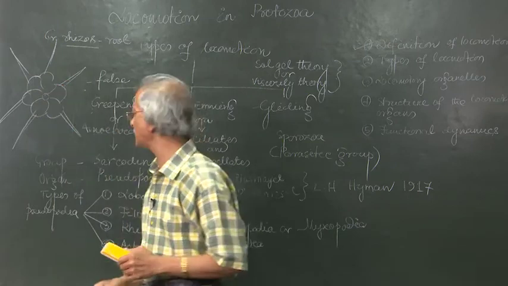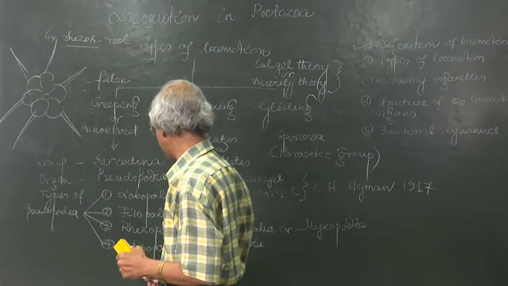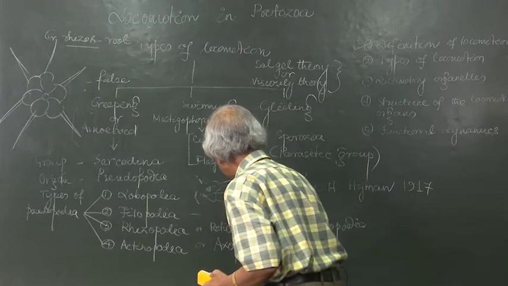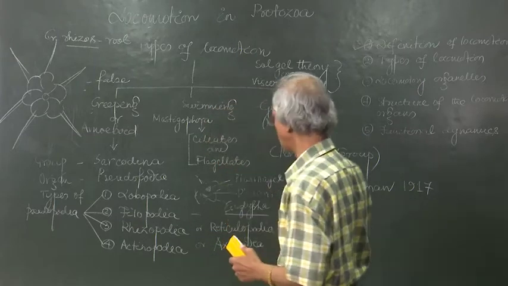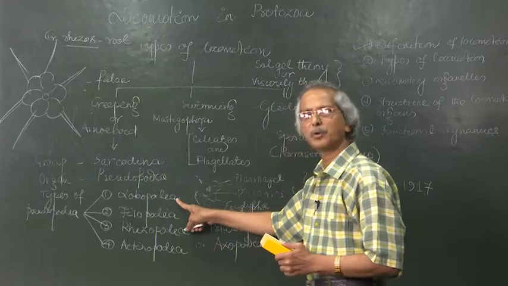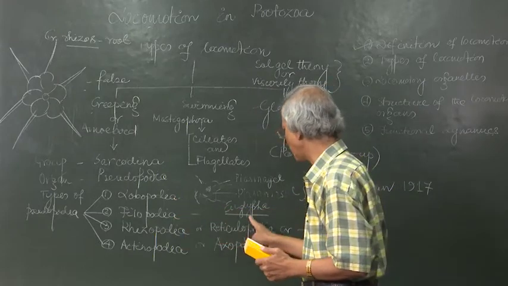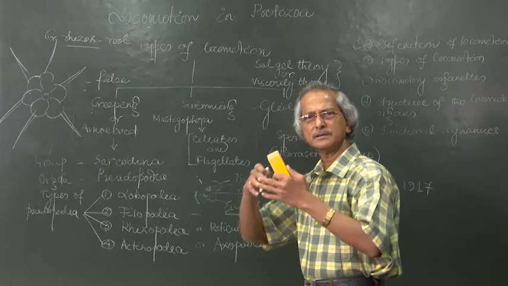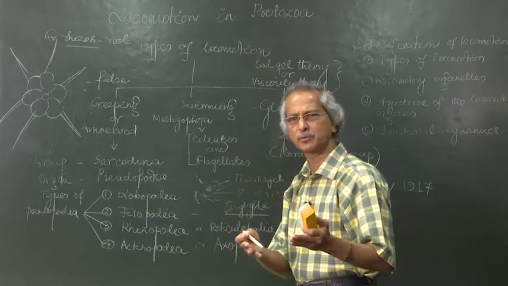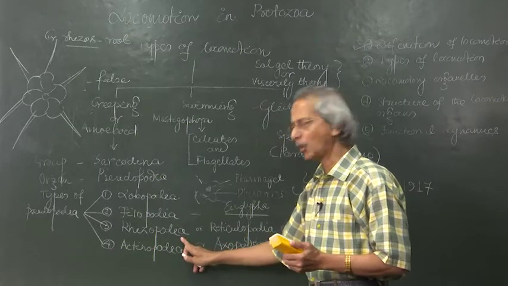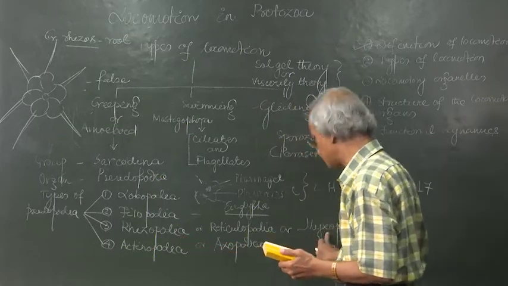Now for examples: filopodia are found in animals like Euglypha. I forgot to tell you, lobopodia are found in amoeba or amoeba-like animals. Filopodia are found in Euglypha or related groups. In another related group you will find rhizopodia or reticulopodia or myxopodia.